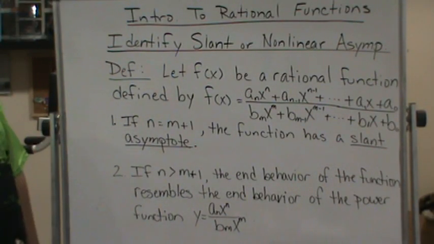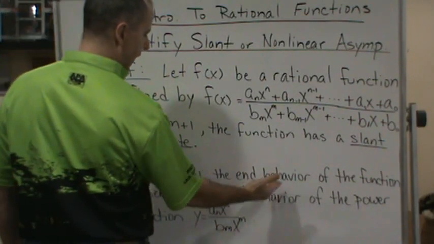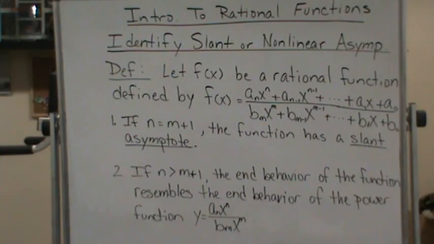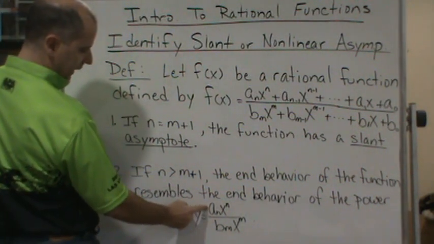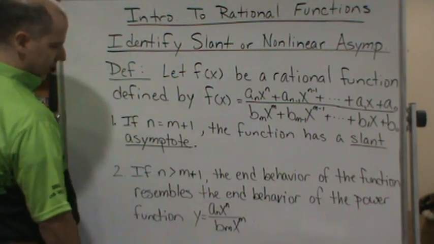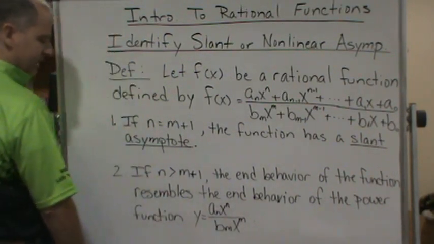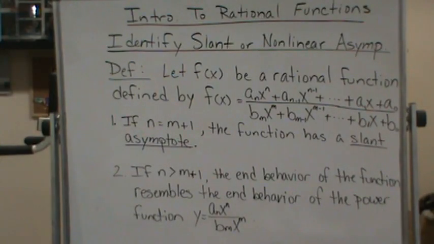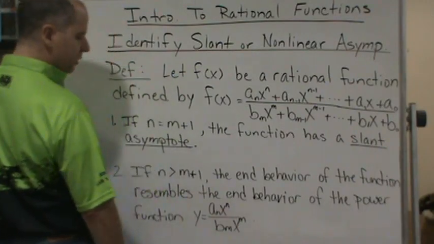If the degree of the numerator is more than 1 higher than the degree of the denominator, then what we could say is the end behavior of the function f of x resembles the end behavior of the power function y equals a sub n times x to the n divided by b sub m times x to the mth power. So in other words, it behaves very much like the ratio of the leading terms.